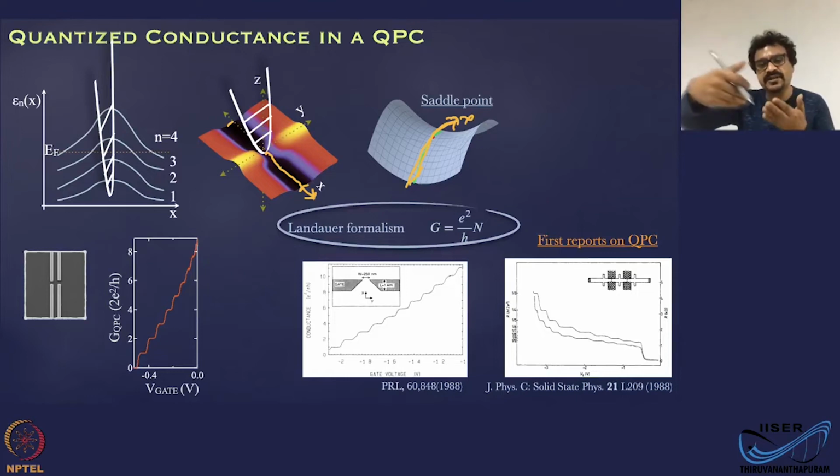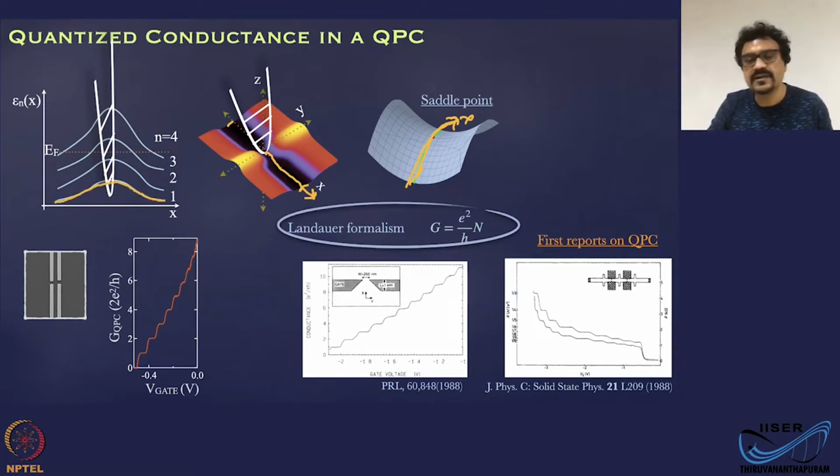That bump is created by the voltages on the gate. As the electron moves along this direction, this is what the energy is going to look like. This is how the energy levels are going to change. And these splittings shown here are available only at the constriction.